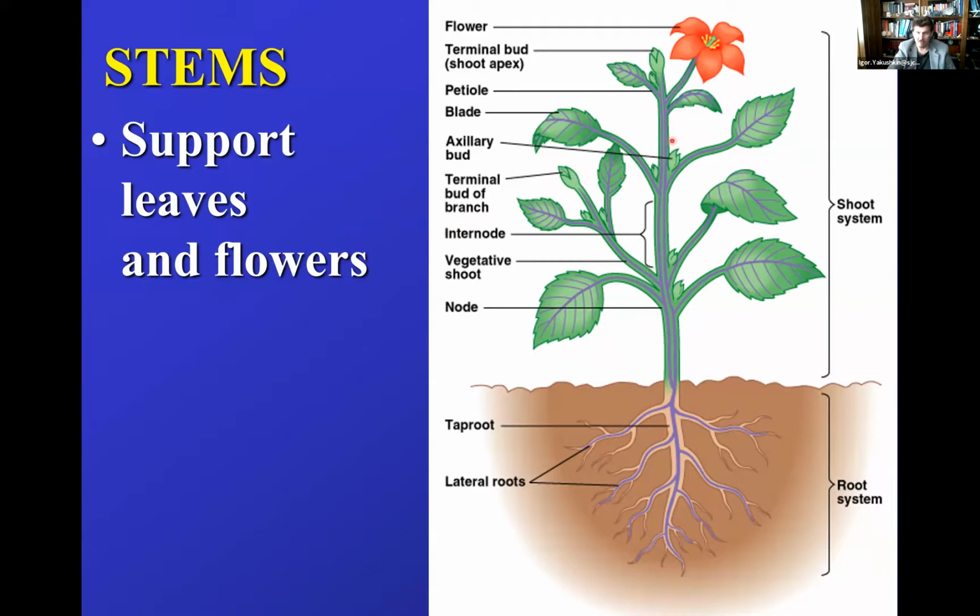And then, of course, we have xylem and phloem going on, and then periodically we'll have the flowers, and later on they will turn into a fruit. It will have a terminal bud, and it will have a lateral or axillary bud. And again, removing the terminal bud will give the axillary bud the green light to grow.